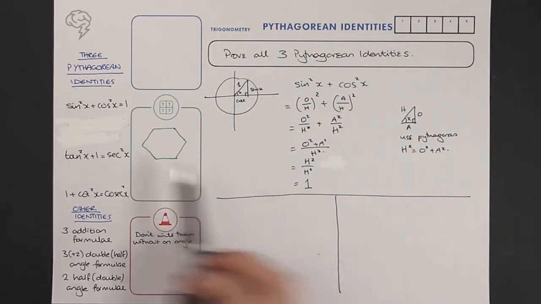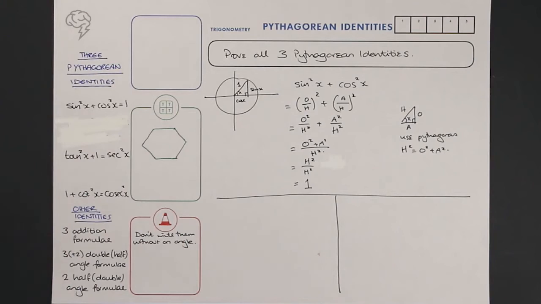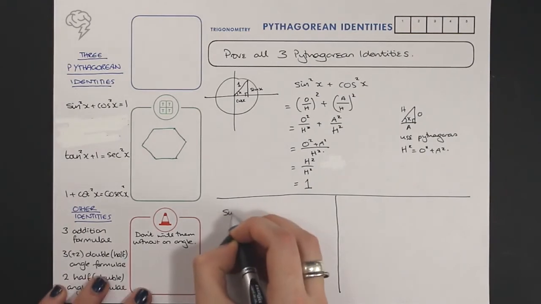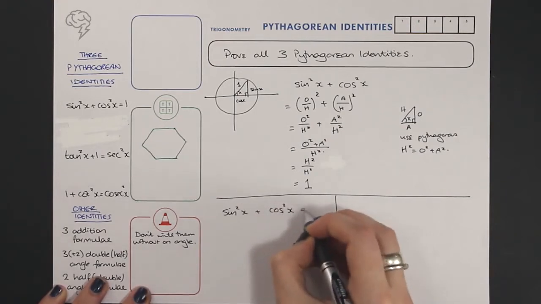We can't be bothered. We're too lazy. We say sine squared plus cos squared is 1, and that doesn't actually make sense. You must have an angle. Otherwise, you can't have sine. Sine of what? So don't write sine squared plus cos squared is 1, even though we say it. Sine squared x plus cos squared x is 1.